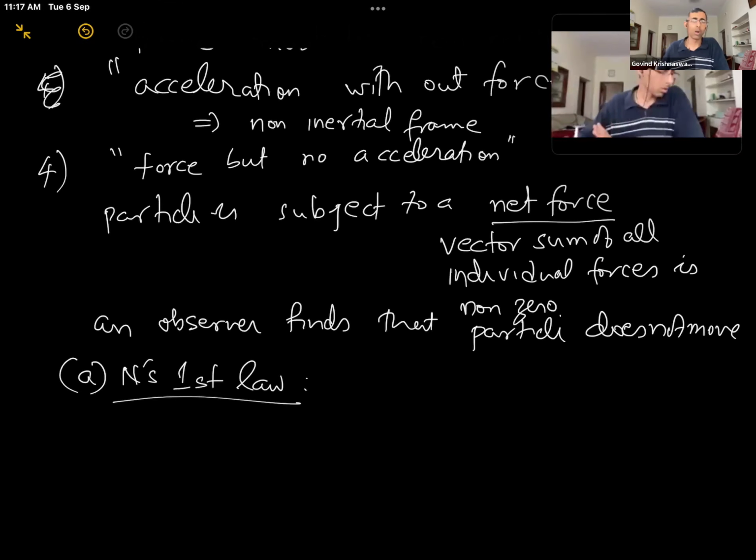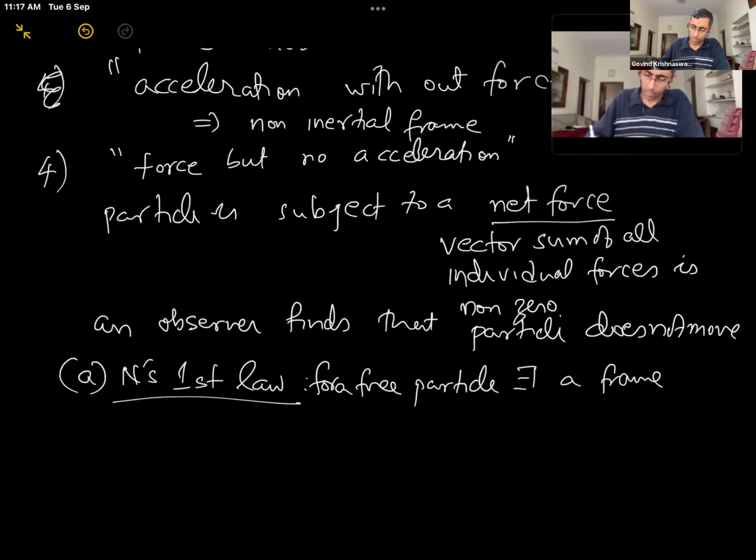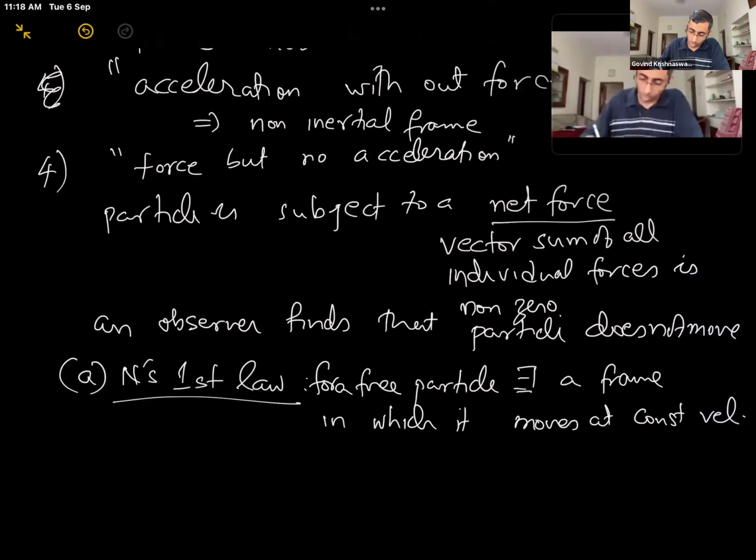Newton's first law says that for a free particle, there exists a frame in which it moves at constant velocity. This backwards E means there exists.